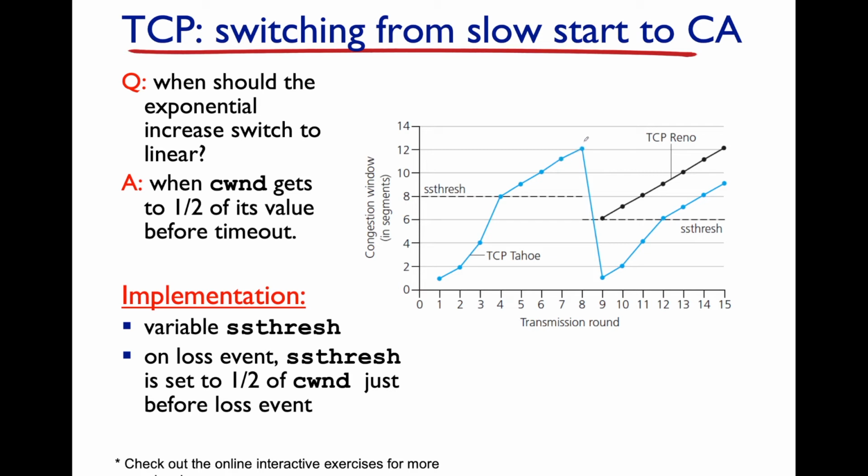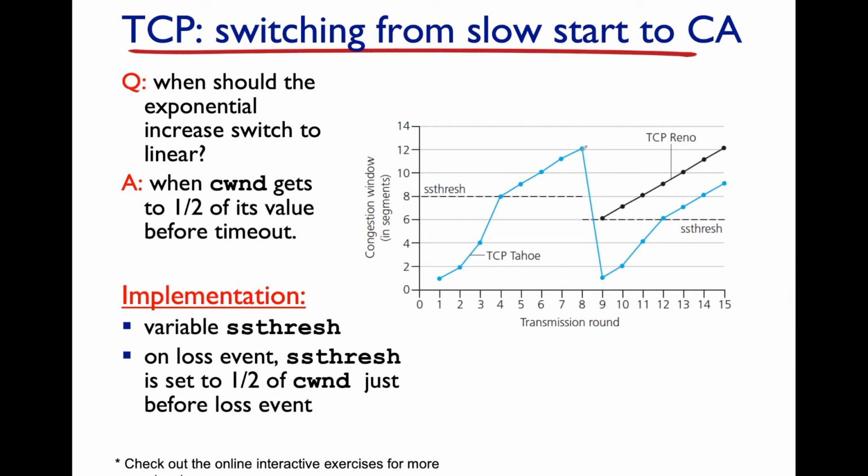And let's imagine we had a hard event, we had a timeout. Now TCP Tahoe will drop all the way back down to the beginning again. The congestion window starts at 1 MSS worth of payload data per round trip time. And so it goes from 1 to 2, that's successive doubling, from 2 to 4. And then once it gets to 6, let's see what happens.